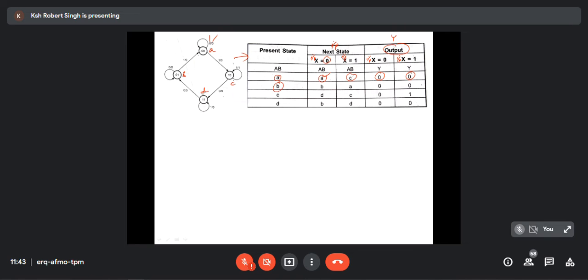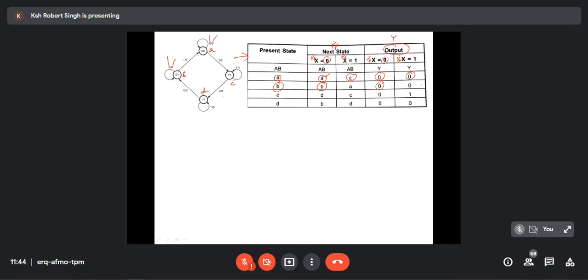Okay, let us try to understand from B. It goes from B to B itself when input is 0, which means X is 0. And when input is 0, what will the output be? Output also 0.